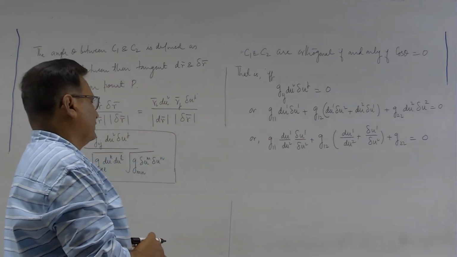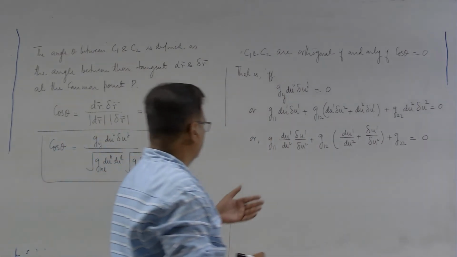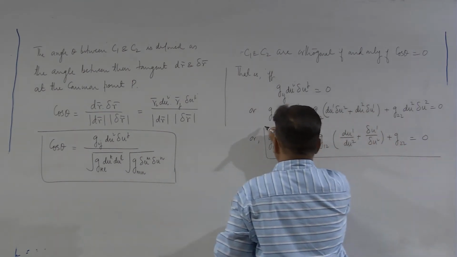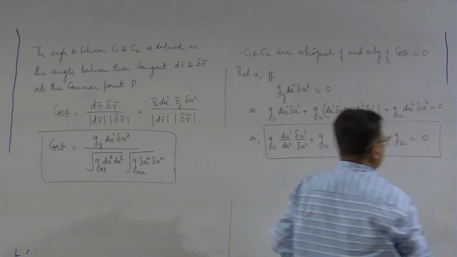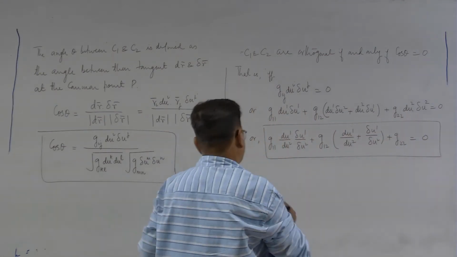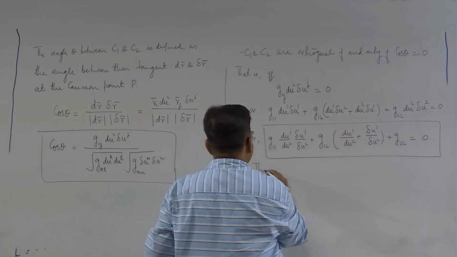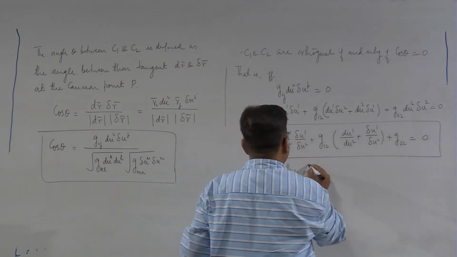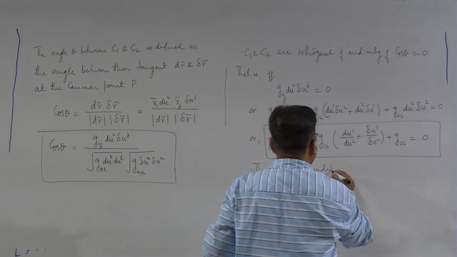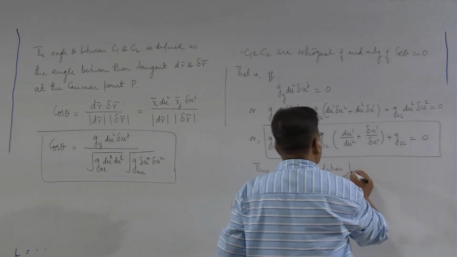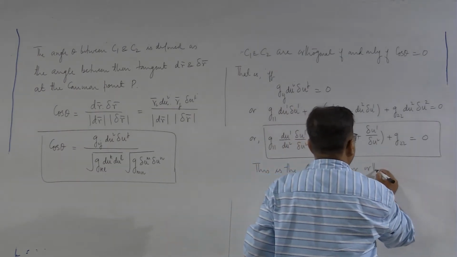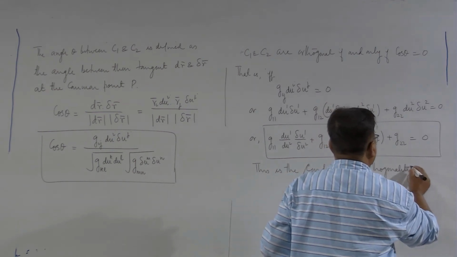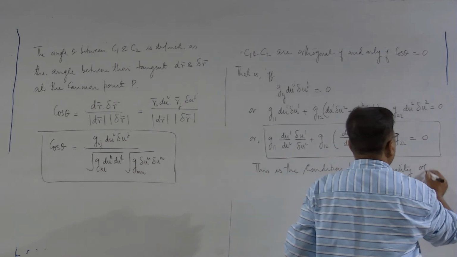So, two curves are orthogonal if and only if this condition is satisfied. This is the condition for orthogonality of two curves.